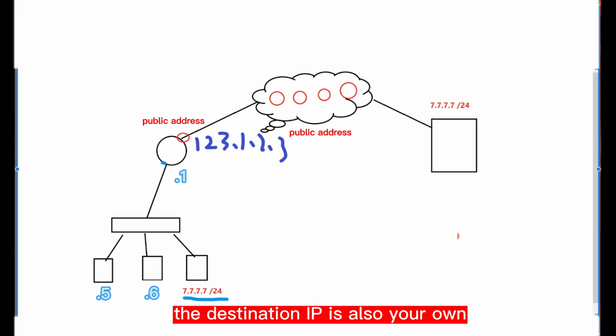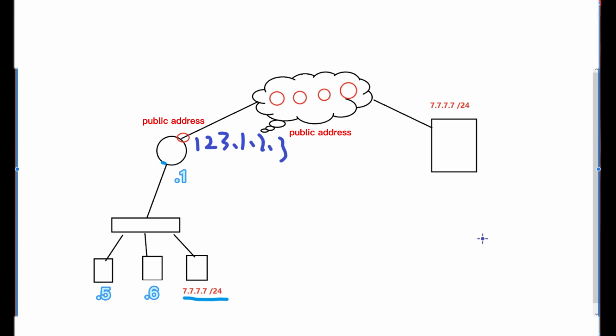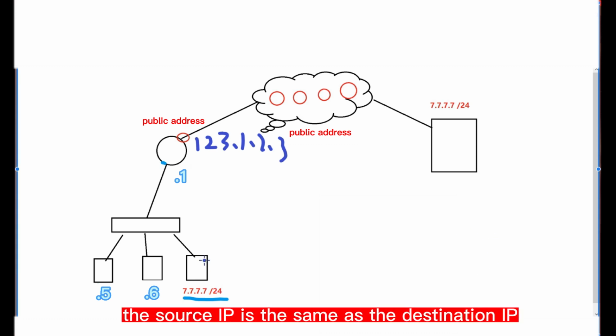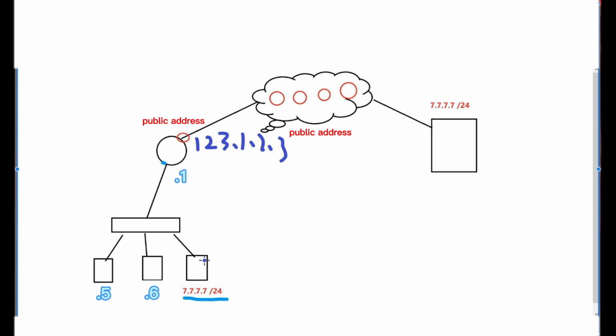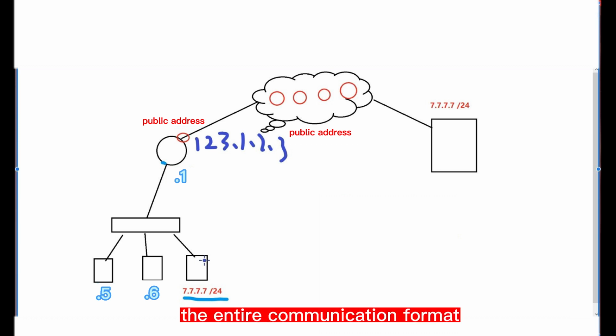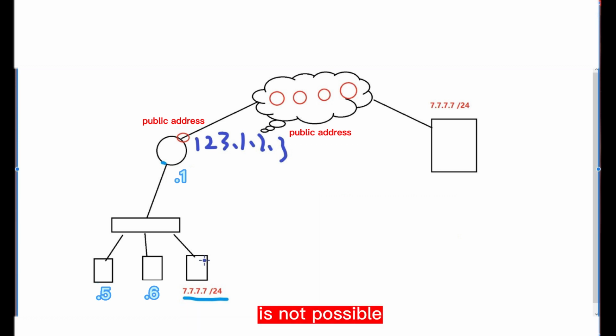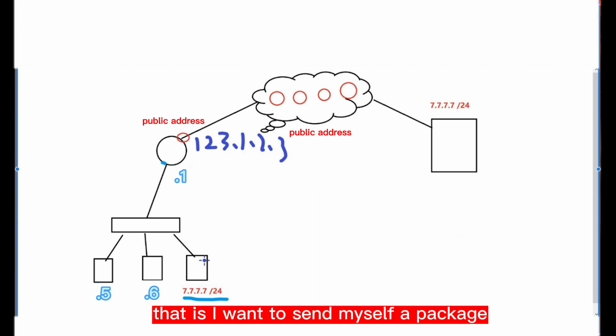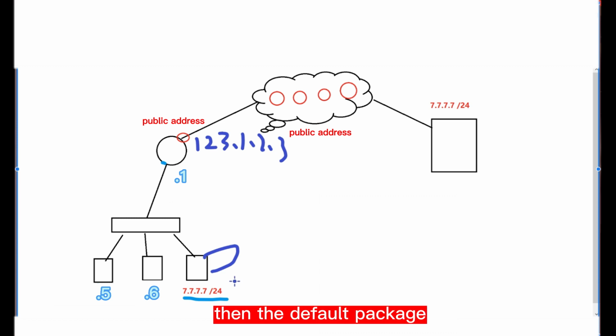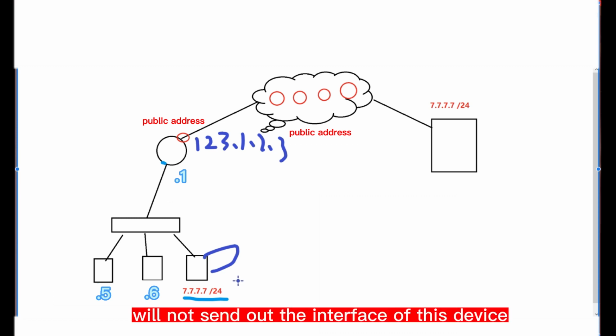The destination IP is also your own. The source IP is the same as the destination IP. This message, in terms of the entire communication format, is not possible. That is, I want to send myself a package. Then by default the package will not be sent out of the interface of this device.